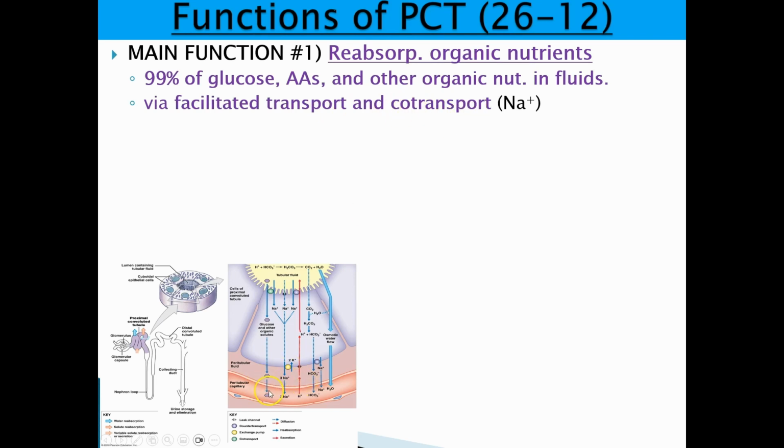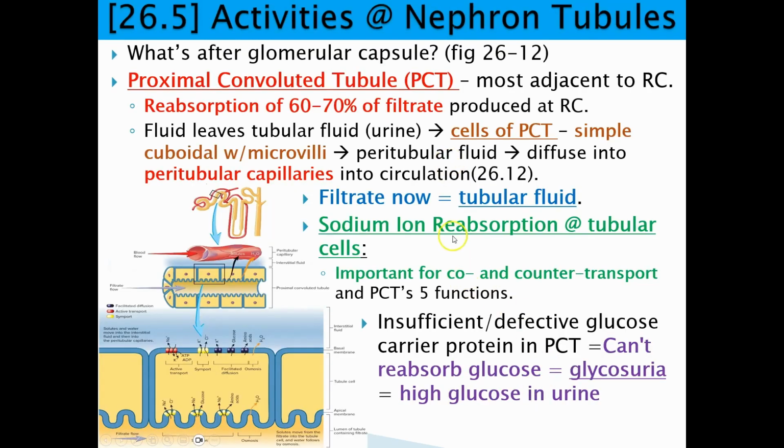So here, this is facilitated. We can see there's some facilitated down here, but this is showing you just straight up diffusion, and this is straight up diffusion. But if we had proteins down here, that's where we're having some of that facilitated transport. This is actually co-transport. The main point is you should know when we're talking about absorbing glucose and amino acids, we're relying on facilitated transport and co-transport with sodium, which just continues to build off of this point here.